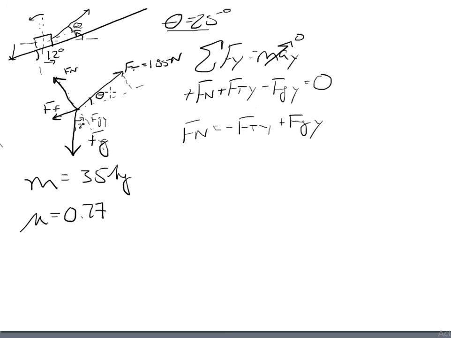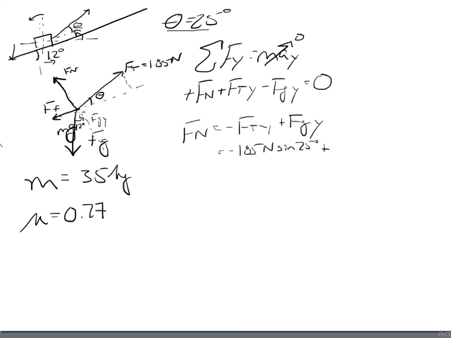Force tension in the y can be seen from this triangle: that part of the side is 185, and since it is the opposite of 25 degrees, that is equal to negative 185 newtons sine of 25, plus, we know that this guy is equal to mg. That's the hypotenuse. This side over here, if you look carefully, it's kind of weird to see with my drawing, but that's that 12 degrees I mentioned earlier.